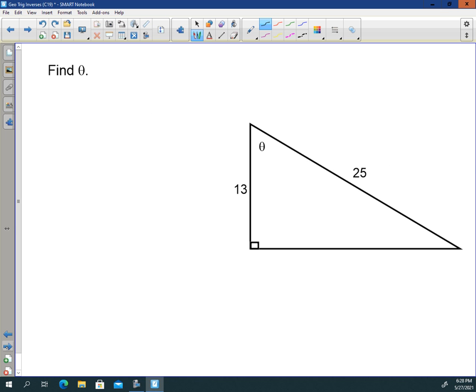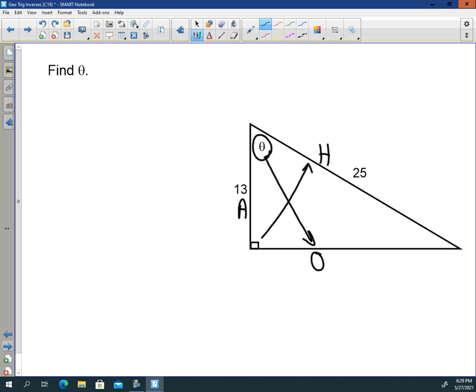All right, let's do one more. First of all, we have to notice that we have a right triangle. We know two sides, and what we want to find is an angle. The next thing to do is to identify our sides. And so here's theta. Across from theta is our opposite. Across from our 90-degree angle is our hypotenuse, leaving this side to be the adjacent.